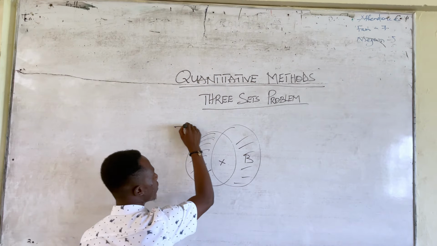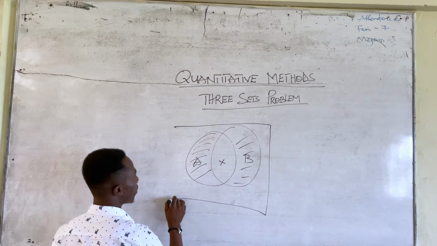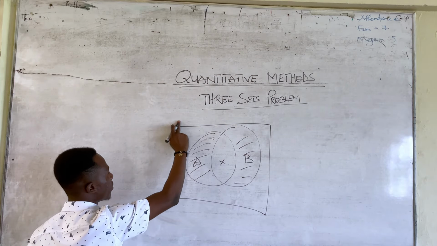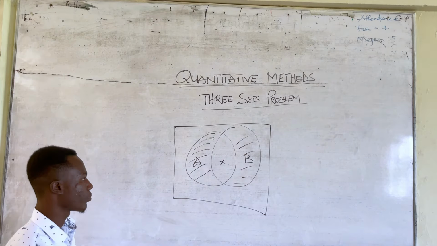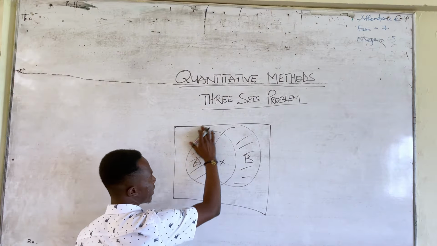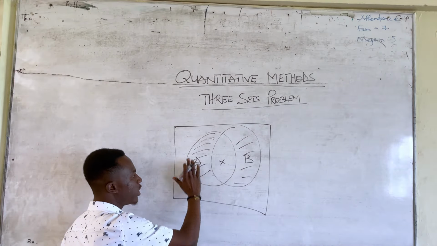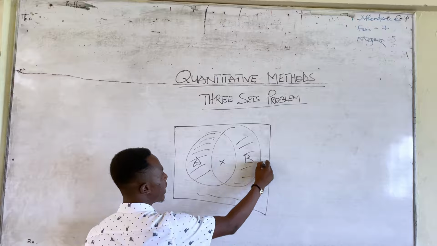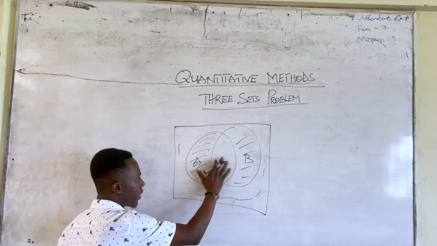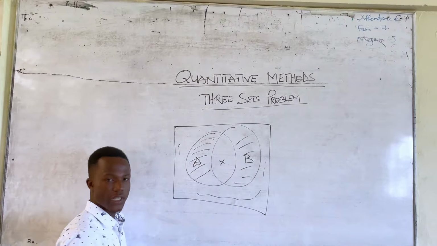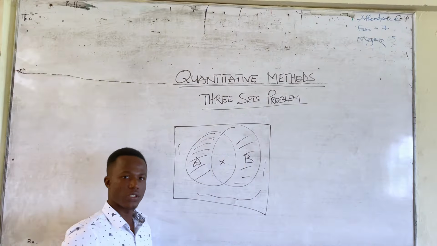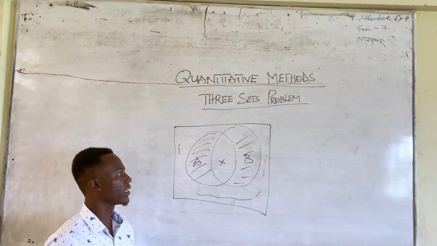Then we put them in a Venn diagram like this. Outside the circles, these people do not belong to any of the letters here. Do you get it? They stand on their own. They do not belong to any of the sets here.